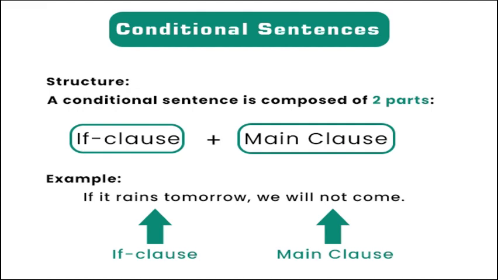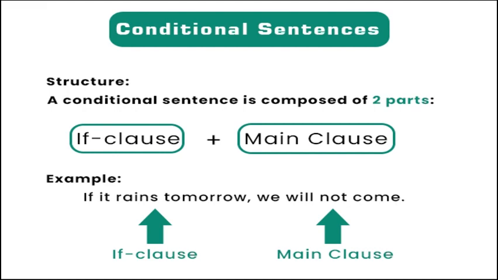You have two clauses: first the if clause, but then it has the main clause. Normally and typically, not all the time, the main clause can be used on its own, but for it to be a conditional sentence, we have to add the if clause.